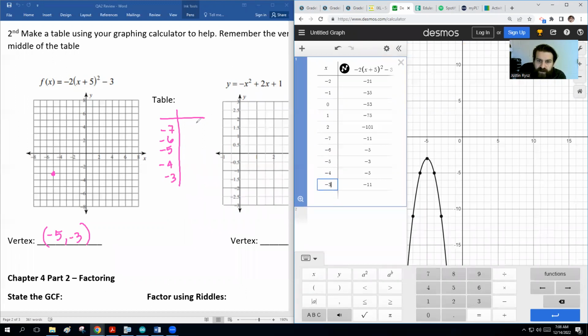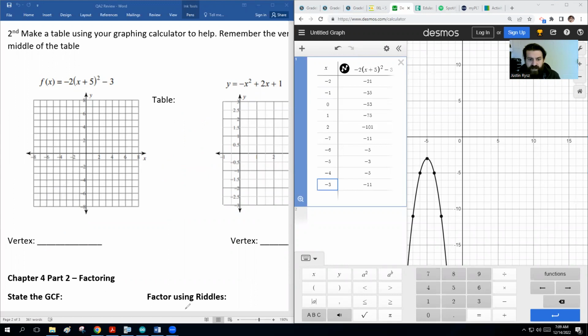All right, we got negative 11, then negative 5, then negative 3, then negative 5, and then negative 11. It goes through. All right, so we got, let's see, negative 5 right here. And then negative 11 is even further below, but we got the table. We can pretty much just graph it like so.